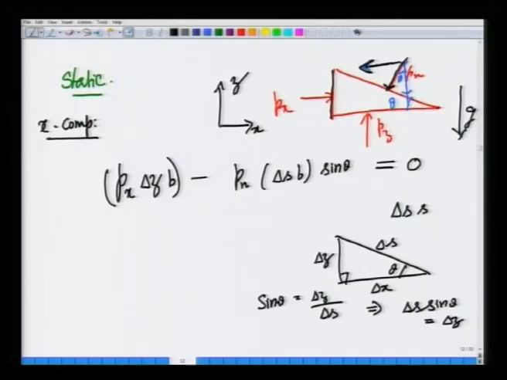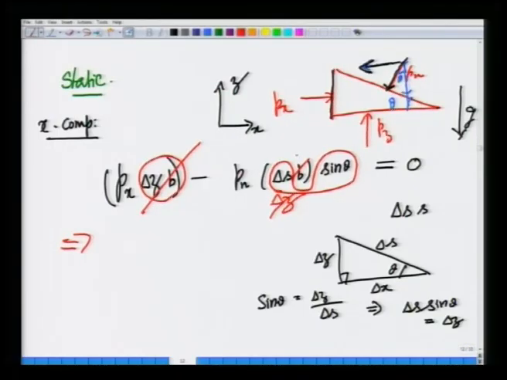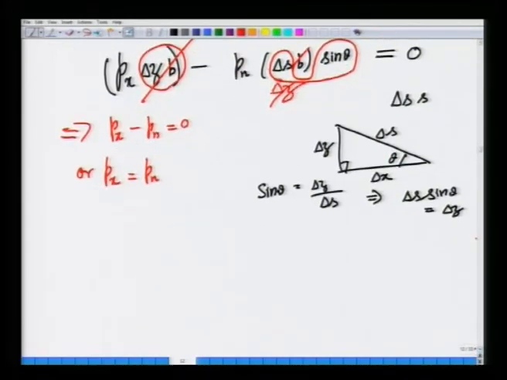So, instead of delta s sin theta, I will put delta z. Then delta z b will cancel with this delta z and b. So, p x minus p n is 0, or p x is equal to p n. Likewise, we can do a similar thing for the y direction.